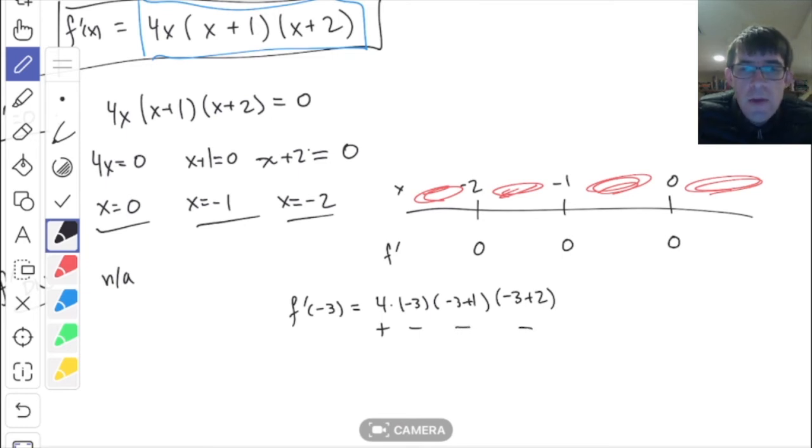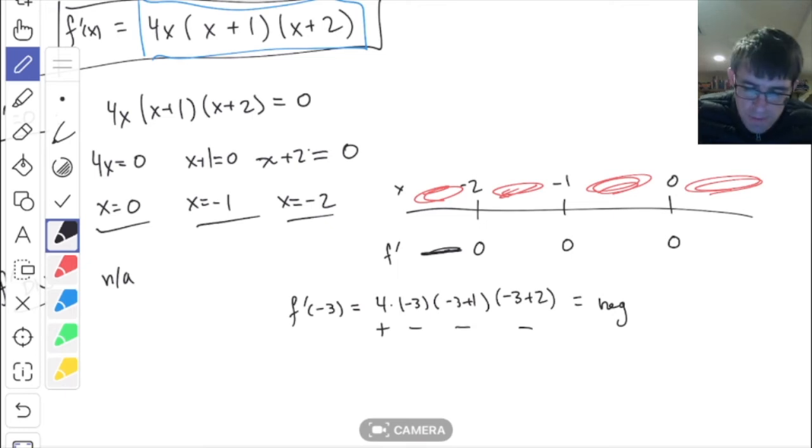So here I have 3 negatives. That means this answer is going to be negative. If you have a positive times a negative times a negative times a negative, the answer is negative. So up on my chart, I'm going to put a big old minus sign right there. In each of these spots is going to come a plus sign or a minus sign. Okay, that's the first one. Let's just do the rest.